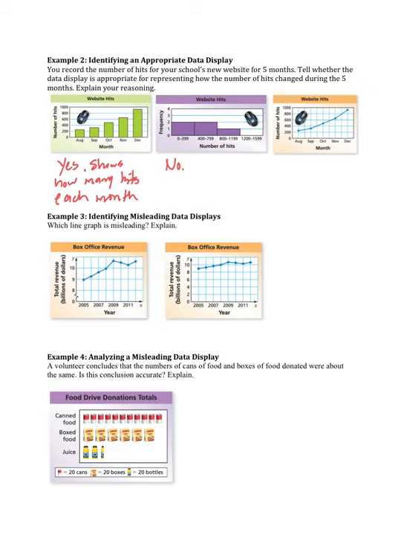I don't know how many hits there were each month. I don't know which month was between 0 and 399. I would kind of like to know whether it was 0 or 399 also. That's a pretty big range. So it doesn't give relevant information. Okay, so that one does not work.